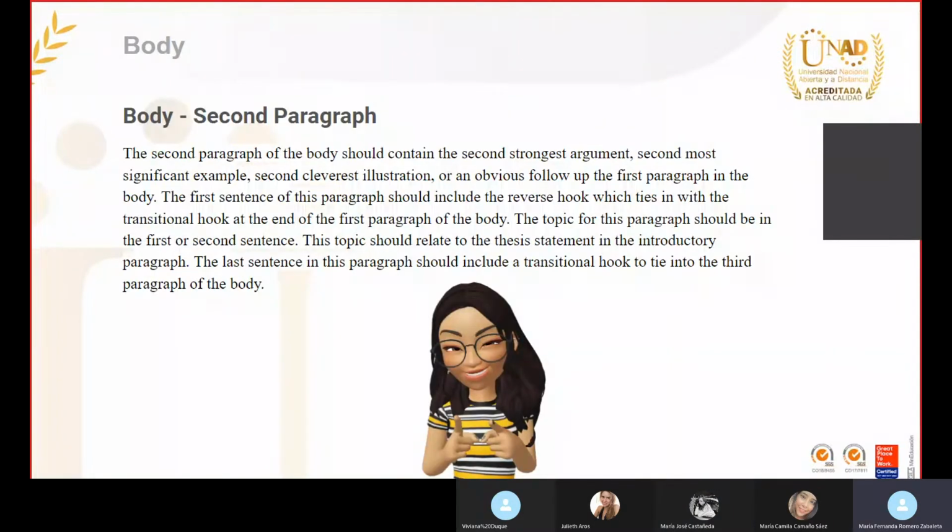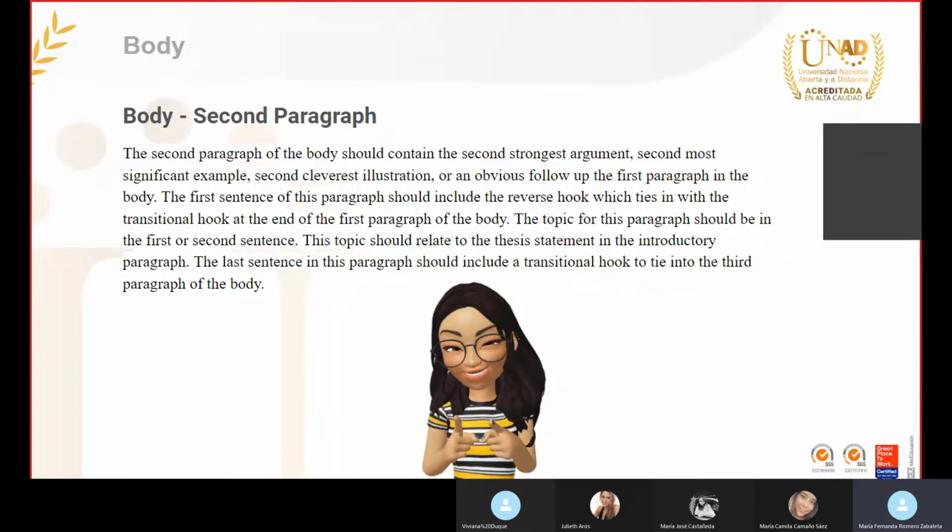For the second paragraph, we should include the second strongest argument. The paragraphs should be ordered in that way, from the strongest to the weakest one. So this paragraph should include the second most significant example, the second clearest illustration, or an obvious follow-up of the first paragraph in the body.